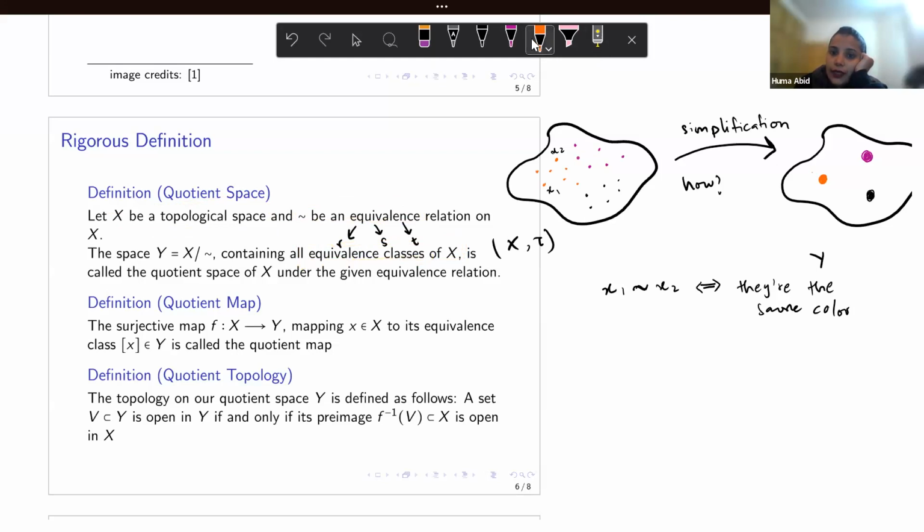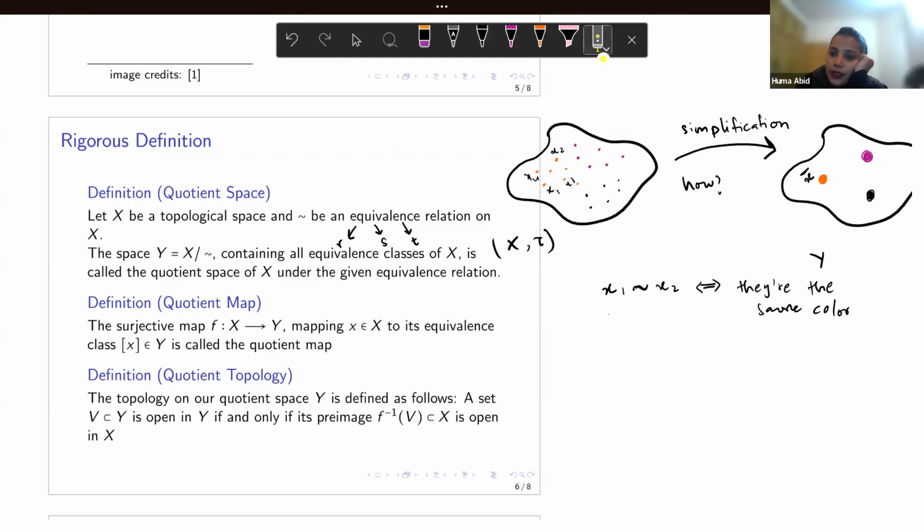If x1 is the same as x2 and x3 and x4, I can use just one element, for example x bar, to represent all of these orange points. So this x bar is the equivalence class of all the orange points in this space X, right?